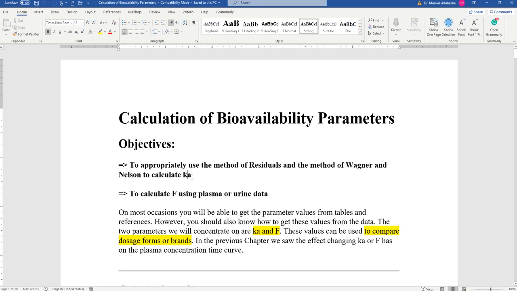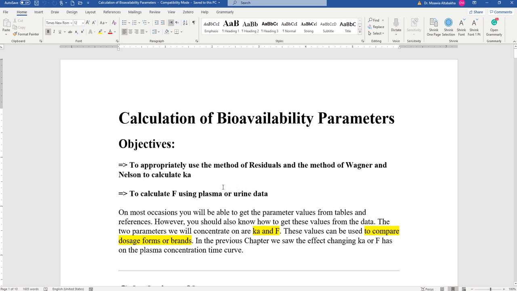Ka is the rate of absorption constant. It is the door through which the drug gets to the systemic circulation. Also we will talk about calculation of F, which is bioavailability, using plasma data and urine data.